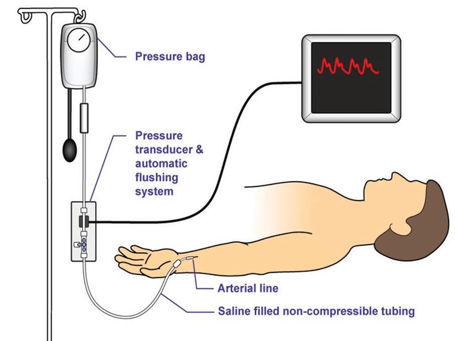So we need to make sure it's level with their heart, with their fourth intercostal space. So let's say their head of bed's at 30 degrees, and their chest wall and their head are up, and we didn't move the transducer, then that's going to alter our blood pressure readings and therefore alter the way that we treat that patient, especially with blood pressure medicines and things like that.